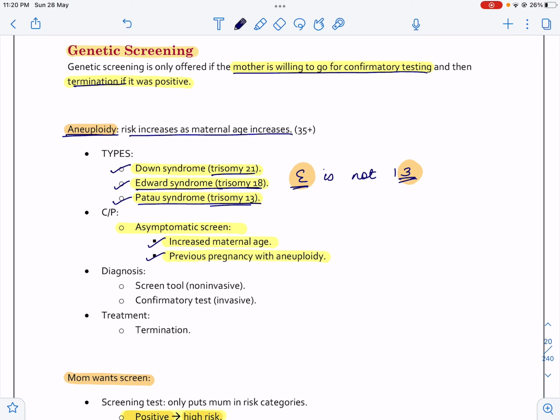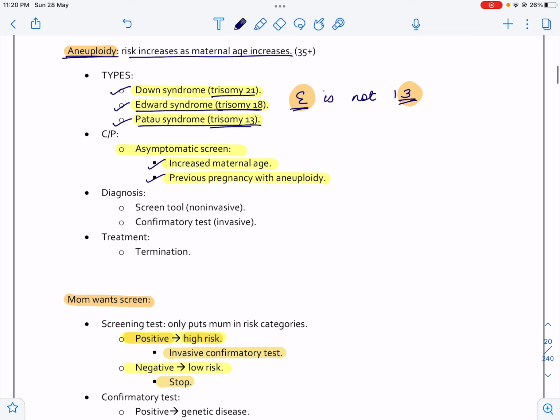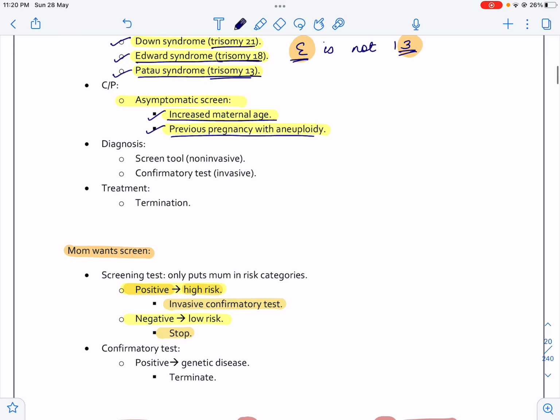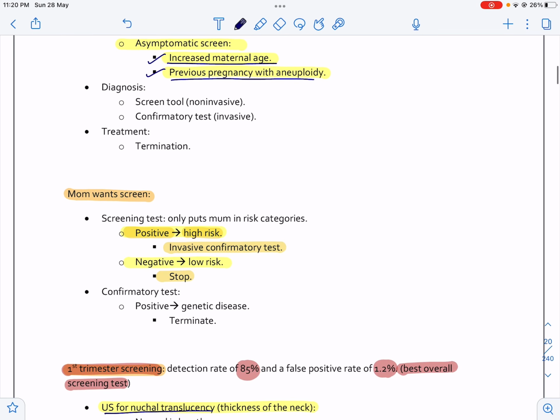So when do we do an asymptomatic screen? If the lady has an increased maternal age or if she has a previous pregnancy with aneuploidy. For diagnosis, we do a screening tool, which is non-invasive, and a confirmatory test, which is invasive, and the treatment is termination. So if the mom wants a screen, we do a screening test and put her in categories.